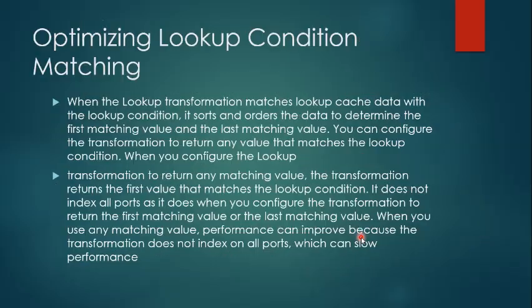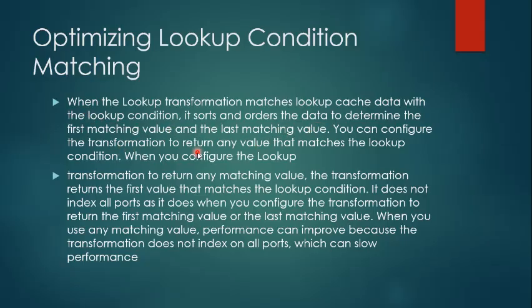Optimizing lookup condition matching. When the lookup transformation matches lookup cache data with the lookup condition, it sorts and orders the data to determine the first matching value and the last matching value.